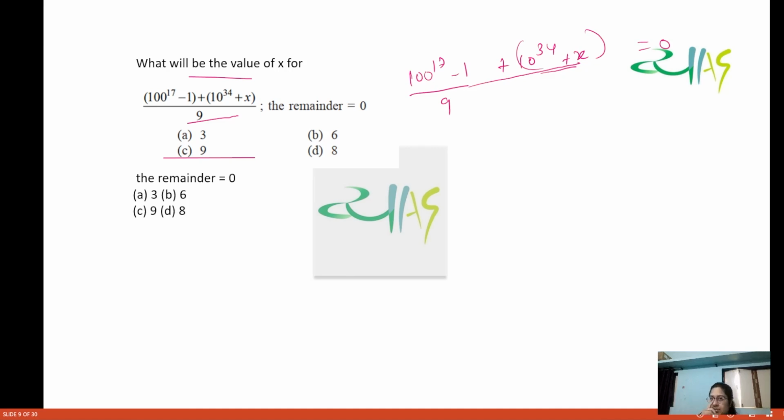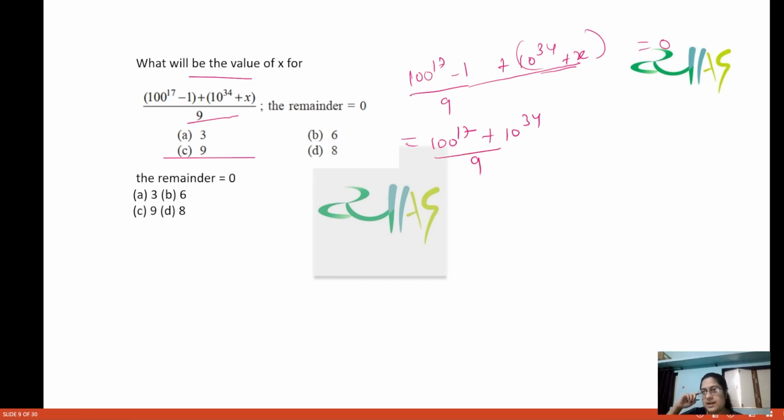तो basically ये पूछ क्या रहा है क्वेश्चन, इसको जरा अगर अपन खोल लें. 100 to the power 17, plus 10 to the power 34, divided by 9.